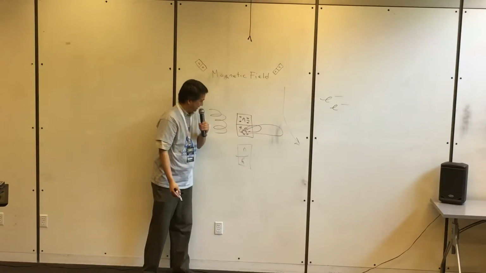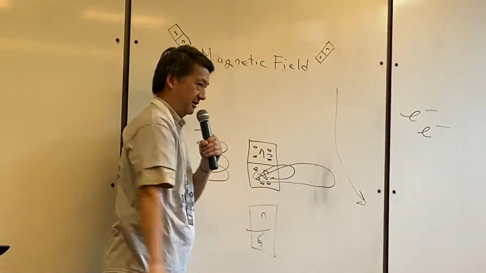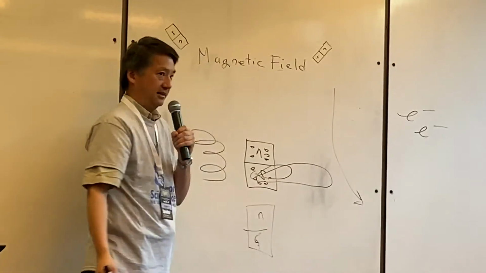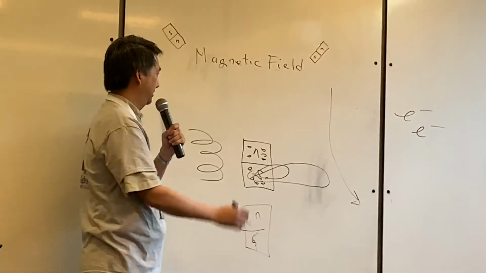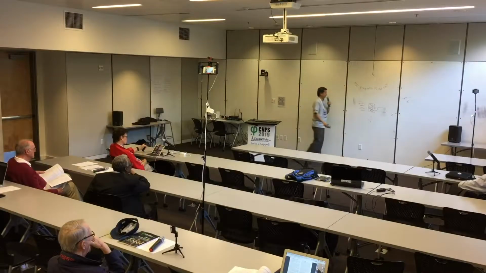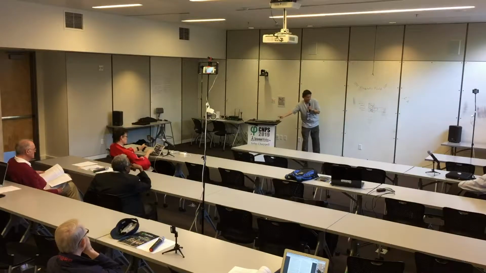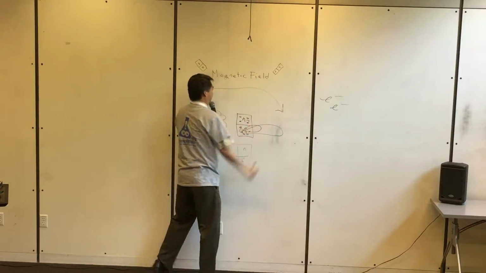Now the question is, given that we've got these current loops, why is it that the magnets attract each other? I believe the key is still this idea that the electron deflects. You've got electrons, you've got magnetic fields, and it deflects.